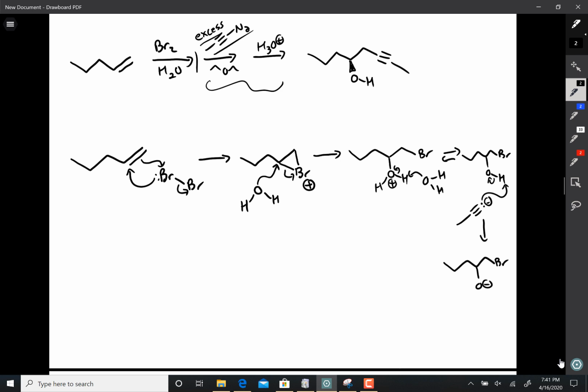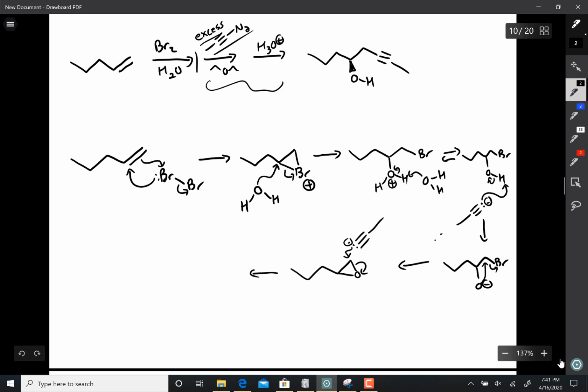And before another one of those alkynes attacks, you have an intramolecular reaction that will beat out the intermolecular reaction with the alkyne. This intramolecular reaction, the neighboring group participation, is quite quick. That gives the epoxide. And the epoxide is what the alkyne, the acetylide, opens up.